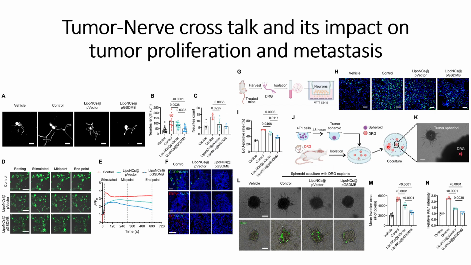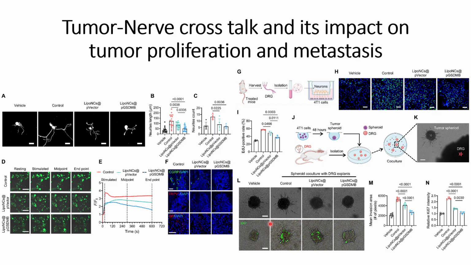In the co-culture, they observed the tumor spheroid volume compared with the DRG, and they found that in the case of control, where there is no Lipo-NC treatment, the invasion area increases compared to the vehicle. It goes down where Lipo-NC-pGSDMB treatment is there, and it remains in the middle where Lipo-NC with empty vector is there.